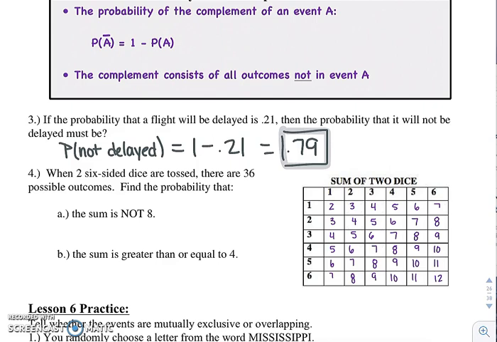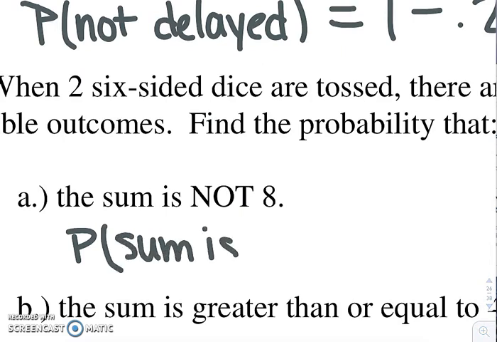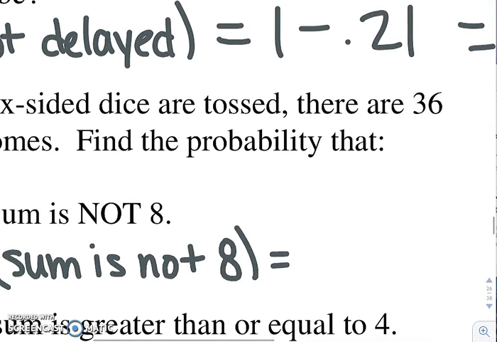So the probability that the sum is not 8, well, if we know that the probability of it being 8, there are 1, 2, 3, 4, 5 outcomes, the probability that the sum is not 8 is just 1 minus 5 out of 36.